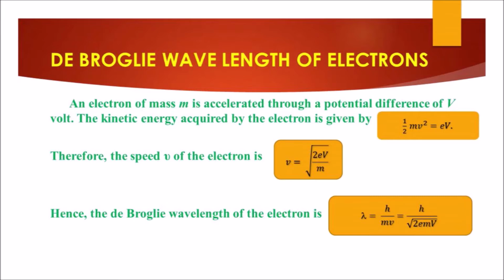Therefore, the speed of the electron is v equal to root of 2eV by m. Hence, the de Broglie wavelength of the electron is lambda equal to h by mv. Substituting the v value, the equation becomes lambda equal to h by root of 2eVm.